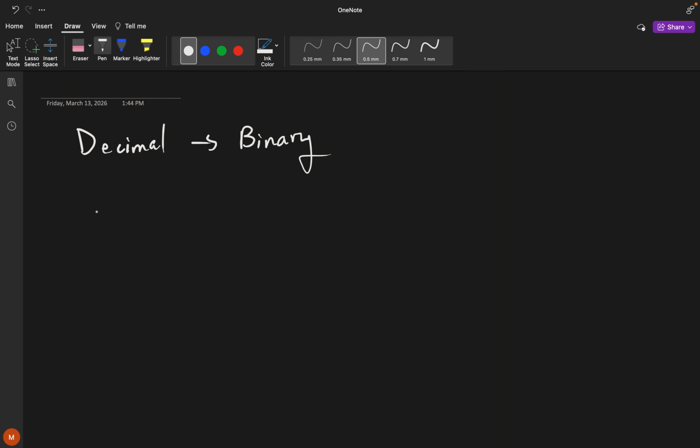So if I had a value like 43 in base 10, and I want to convert it to binary, there are several ways you could find on the internet that suggest how you should do this. Many of them are good, but I find that many of them are a little bit clunky to show your work on.